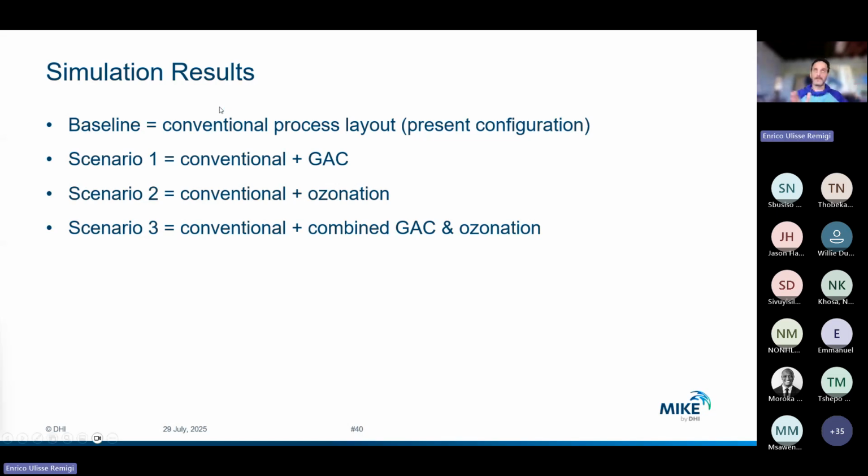Baseline, that's the current situation: what is the predicted concentration of BPA in the effluent? And then possible solutions for the future: addition of activated carbon, ozonation, or the combination of the two.